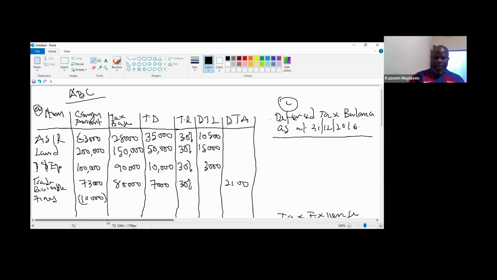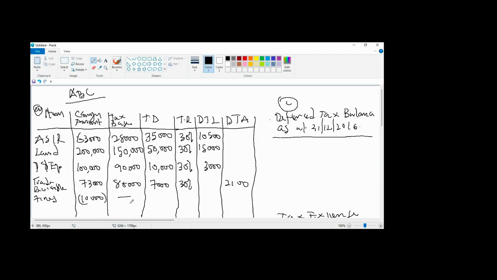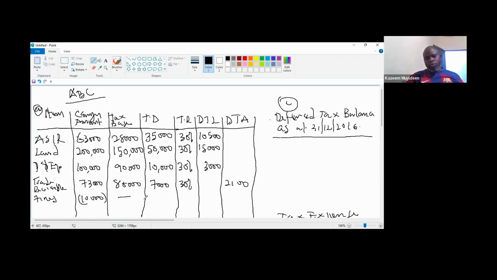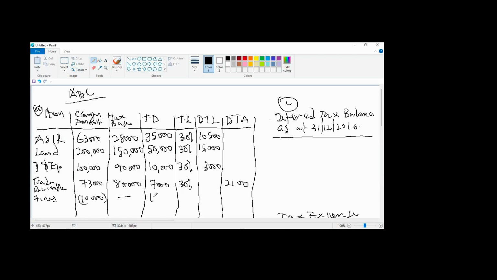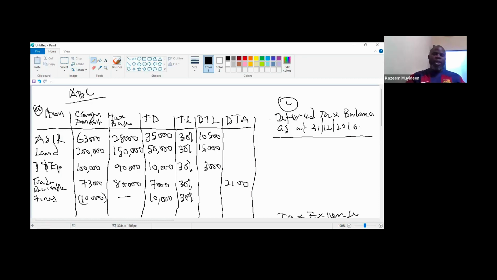So the fine is a payable. Don't forget it's a liability. So the tax base will equal 10,000 and the carrying amount is 10,000 less... At 30%, is it a deferred tax liability or deferred tax asset?